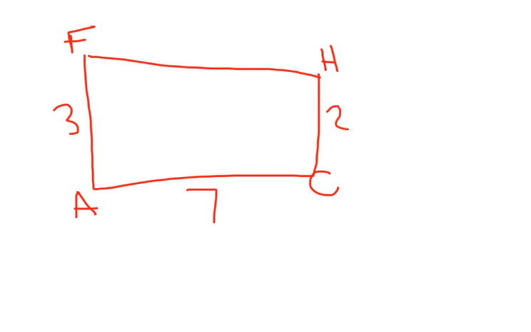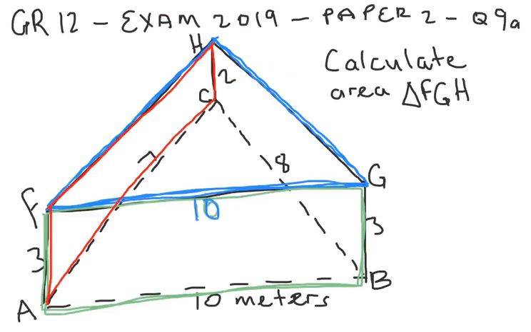Just keep in mind, it's exactly the same, the red one that they just do separately now. There's FA, which is 3, AC, which is 7, and HC, which is 2, and we need FH. Because remember, we need the blue triangle. So FH is part of the blue triangle, but also part of this red diagram.